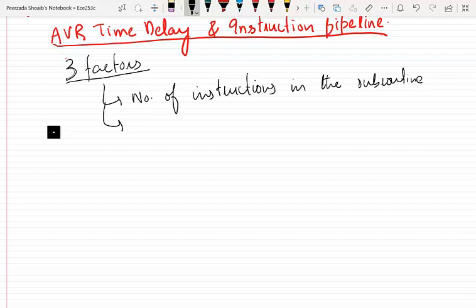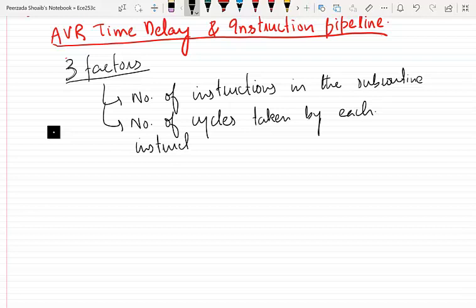The second thing that it depends upon is the number of cycles taken by each instruction to execute.